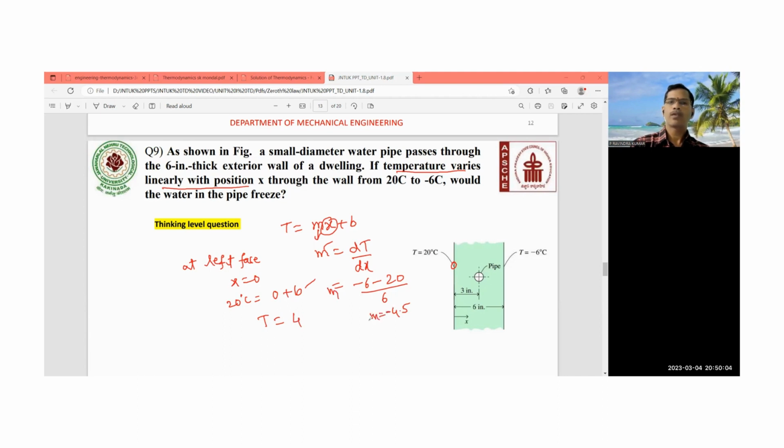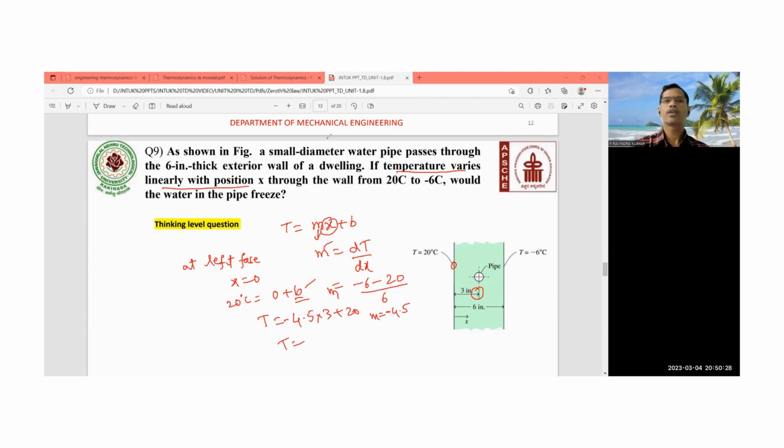So the slope is minus 4.5, times x, which is 3 inches, plus this value, 20. So you will get the temperature at that point. If the value is in between minus 6 and 20, then there is danger of the water getting frozen.